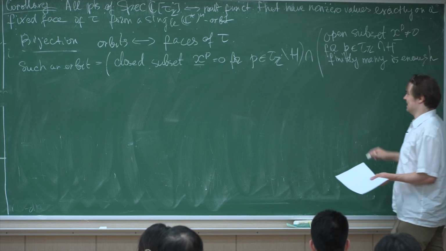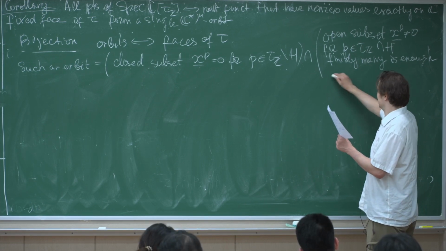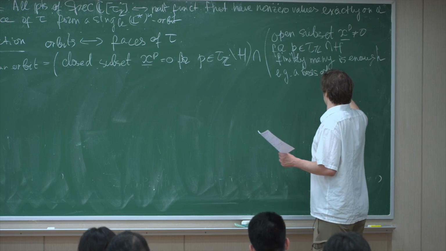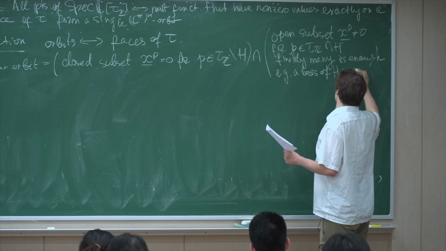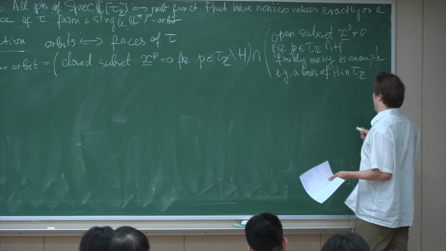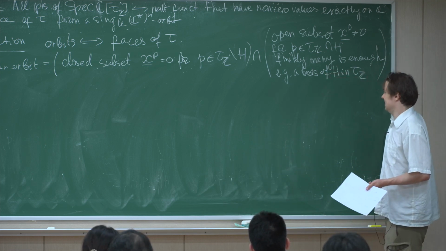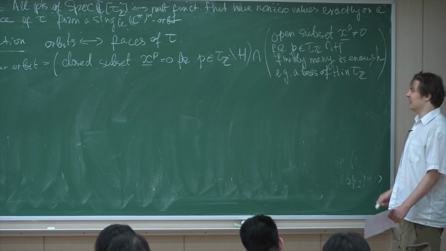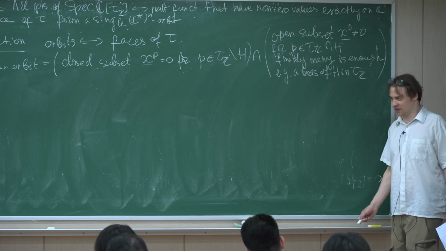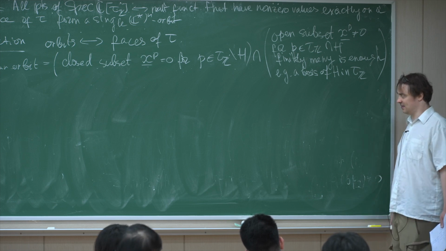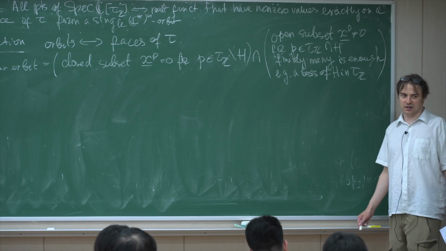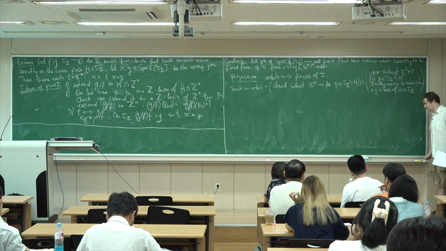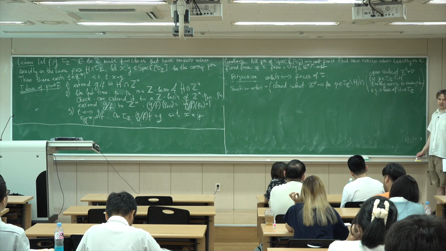So from these equations, it's important that we can have finitely many of them, for example, a basis of H in tau ∩ Z, not even necessarily a Z basis. Even a Q basis, if it takes points from here, if we have non-zero values there, it guarantees that we have non-zero values on the whole H, because this is the smallest subspace containing all these points.